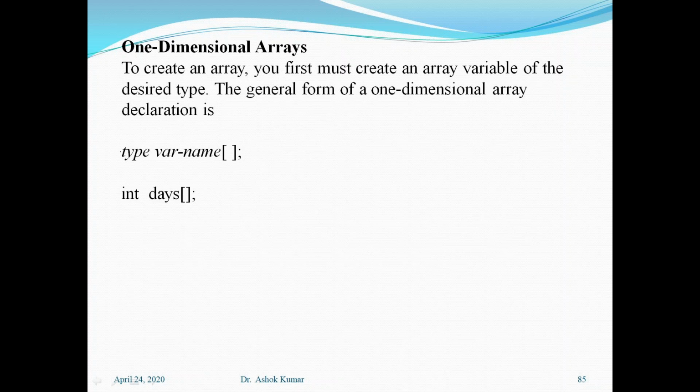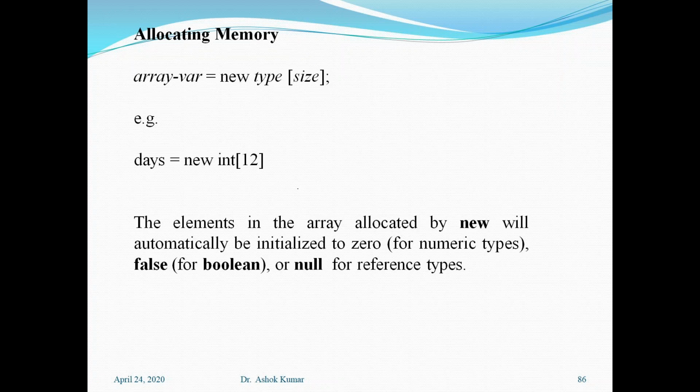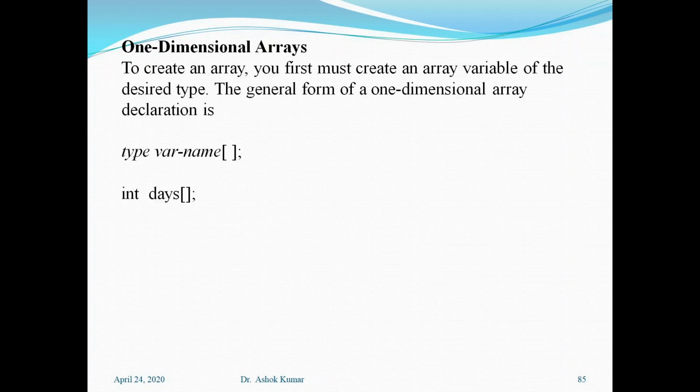In case of 1D, you first write the type, then the array name, then a pair of square brackets, and to allocate the memory we use the array name, then the new keyword, array type, and square brackets with the size. This is the important point that I want to remind you: first we write the array type, then the array name, and then the square brackets.